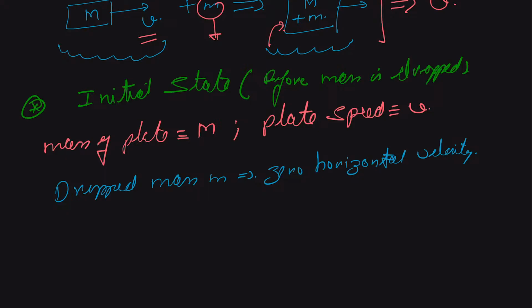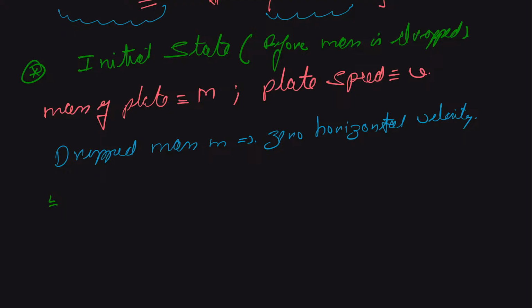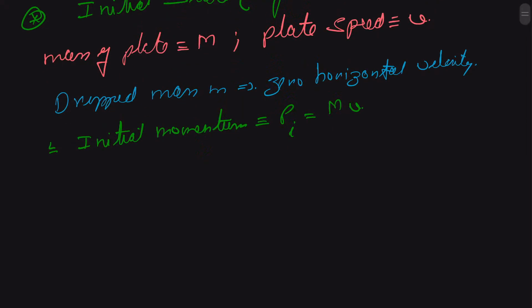Therefore, we can say our initial momentum, let us call this P_i, is equal to capital M times v, and our initial kinetic energy, let us call this K_i, will be equal to half M v square. So these are our two initial parameters.